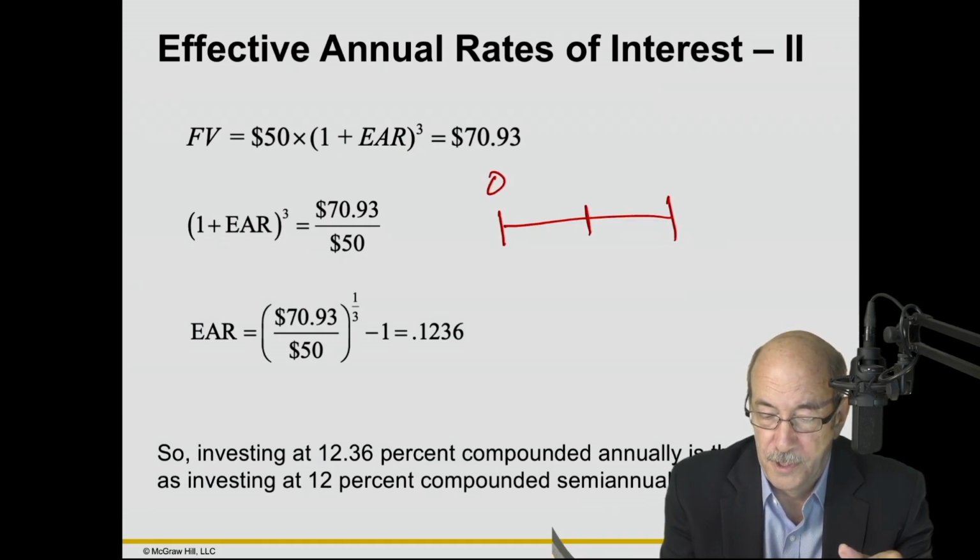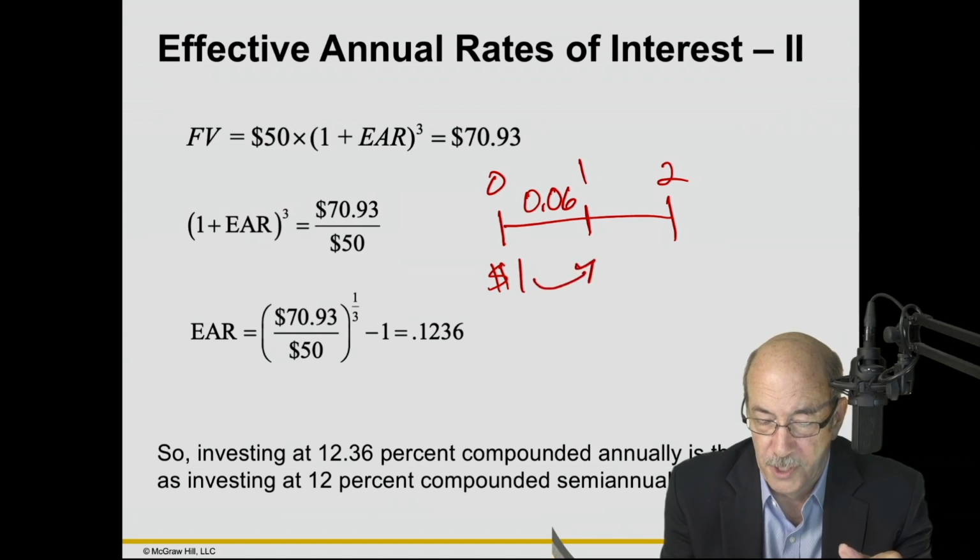This is 0, this is the 6 month, this is 1 year. We start off with our $1 here, and we go at 6%, so our $1 becomes $1.06.